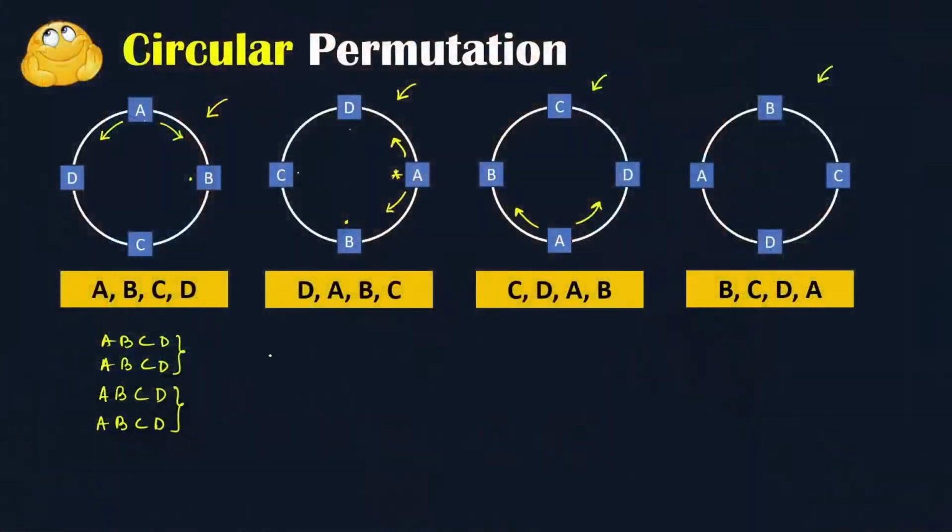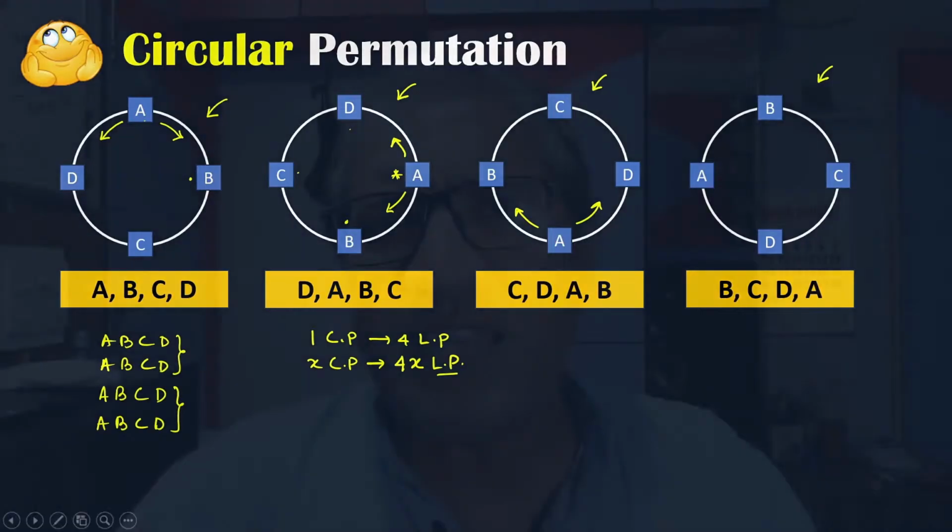Let us say the total number of circular permutations for these four people A, B, C, D be X. So what will I write? For one circular permutation, there are four linear permutations of these four people. So for X circular permutations, the total linear permutations will be 4 times X. This is the total linear permutation.